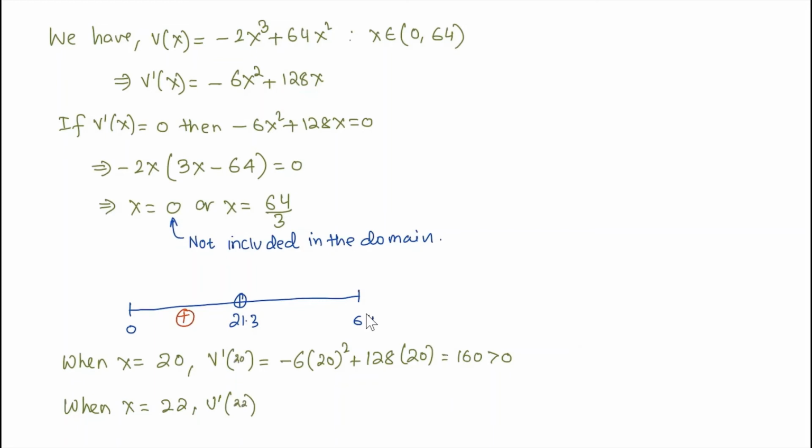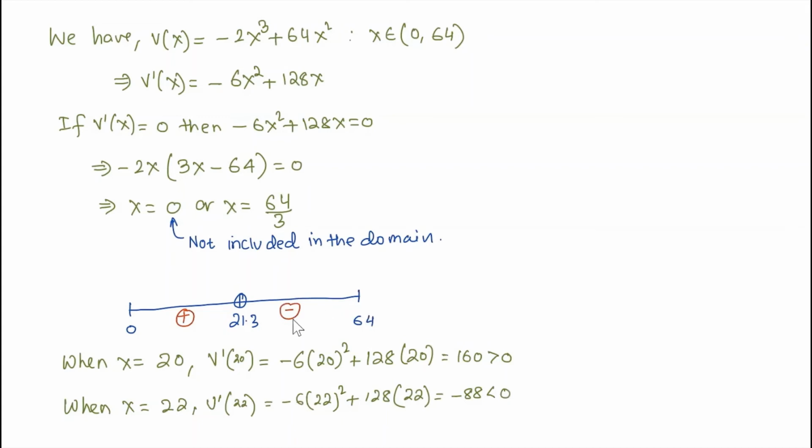So the derivative at 22 is equal to, let's plug in, negative 6 times 22 squared this time, plus 128 multiplied by 22. If you simplify this, it will be negative 88, which is less than 0, a negative value. That is, the function is decreasing on that interval.